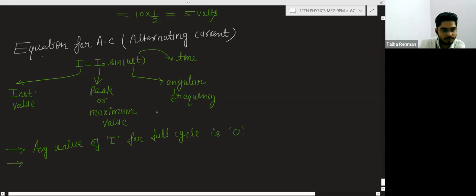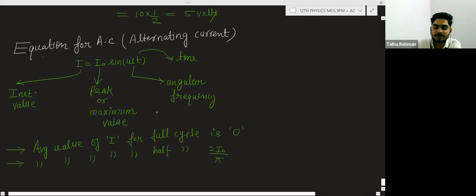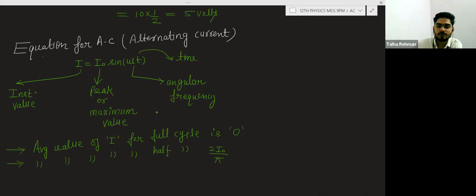Now, if you are calculating the average value of I for half cycle, you will get the same as that of EMF, because for full cycle E average is also equal to 0.